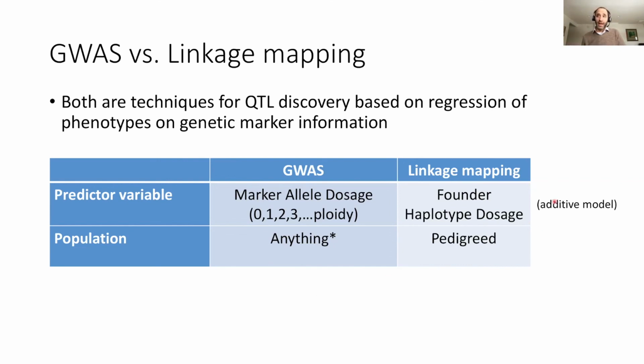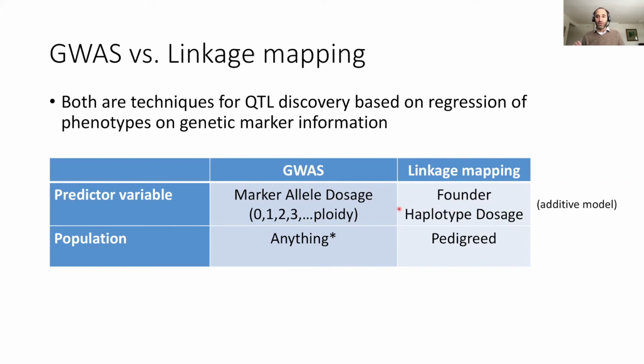So for the additive model, this is the predictor variable for GWAS, and for linkage mapping, it's the dosage of the founder haplotypes. It's not the dosage of the marker alleles. And that's the critical step: the linkage analysis allows you to take the marker data and transform it to draw inference about those founder haplotypes. So that's the difference for an additive model.